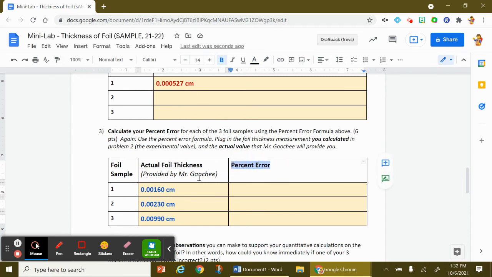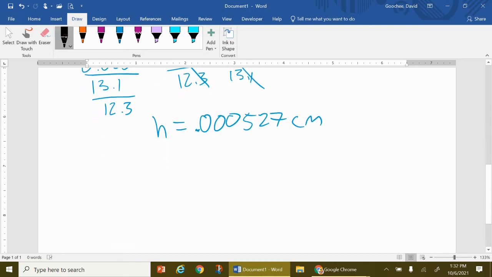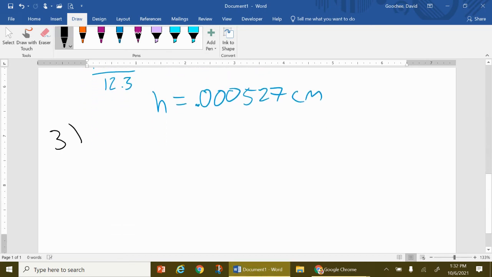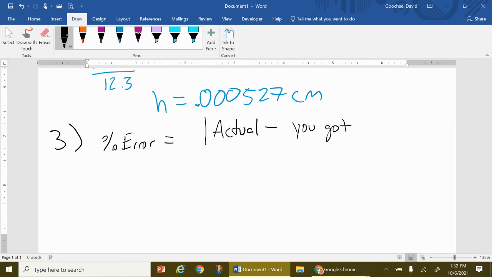All right, and to do that, we will use the percent error formula. The percent error formula is this. Percent error equals the actual value minus what you got, all right, and it has to be positive, divided by the actual value. Okay, so actual minus what you got divided by the actual.